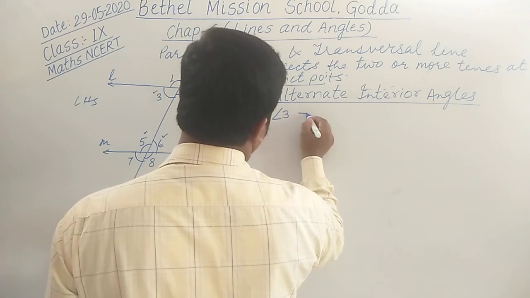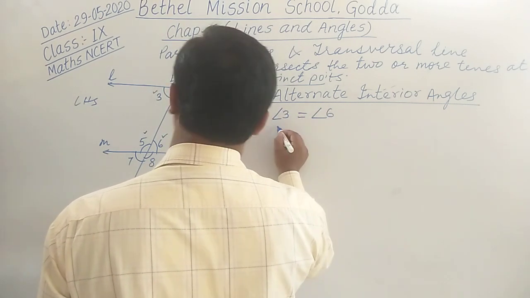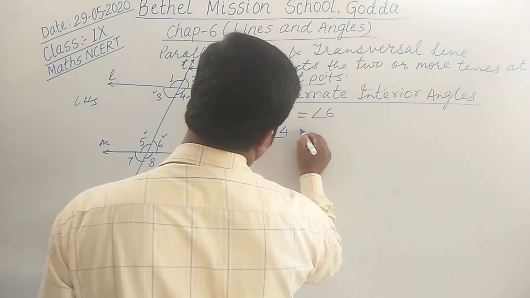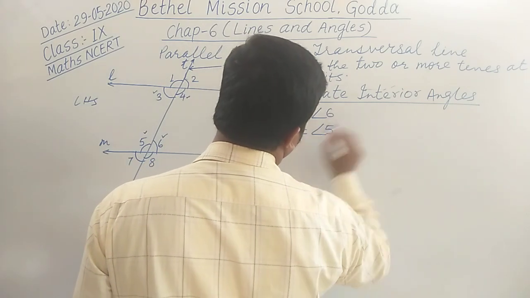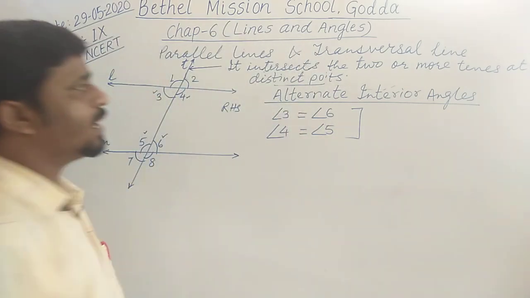Angle 3 will be equal to angle 6 and angle 4 will be equal to angle 5. These are called alternate interior angles.